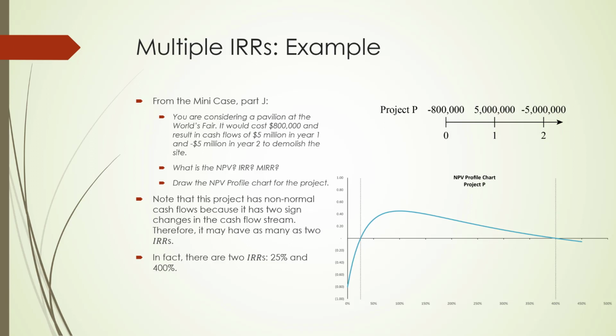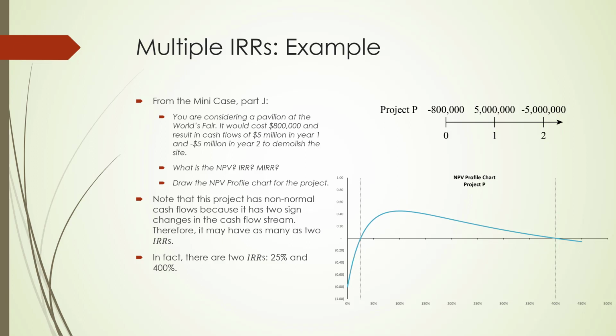That's unusual, and that's because of the negative $5 million out there. When you discount negative numbers, you start getting some weird results. So it rises initially, crosses the x-axis, that's one IRR, and then it begins a gradual decline, and ultimately it crosses the x-axis again. So there are two IRRs. In this case, they're 25% and 400%.